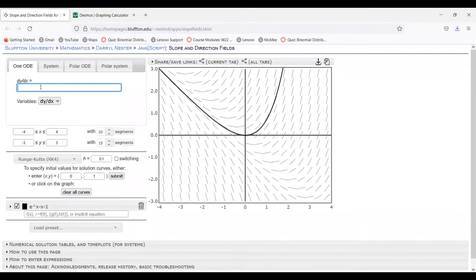Here we have P, which is now y, times (1 million minus y) divided by 10 million.